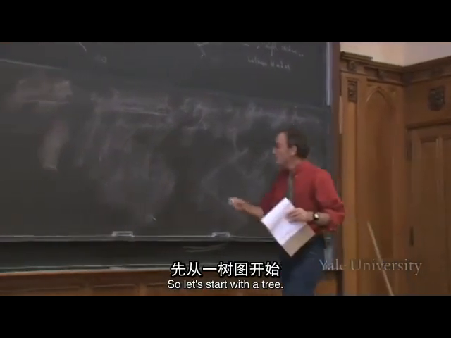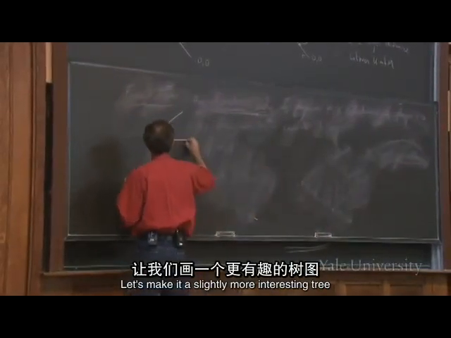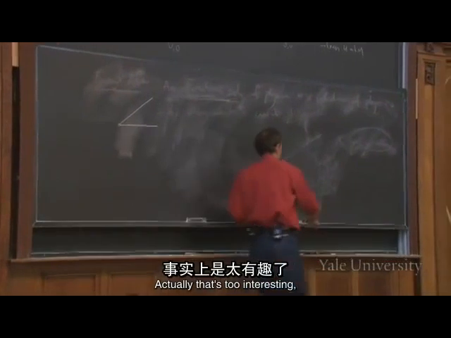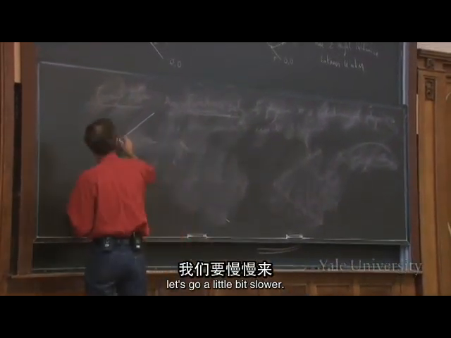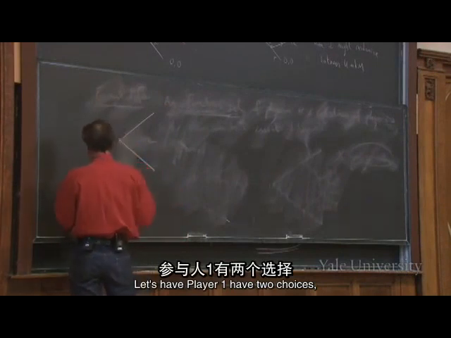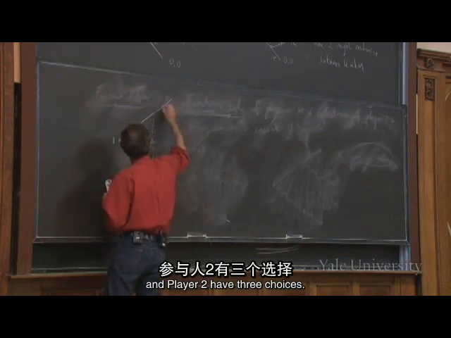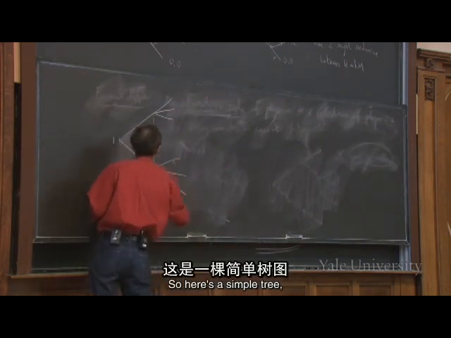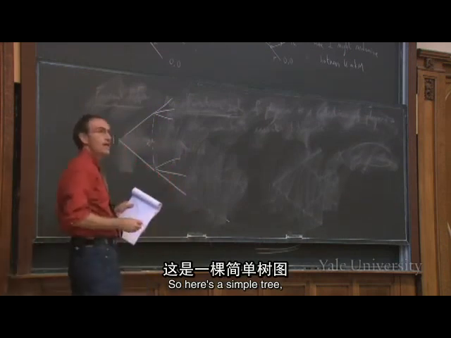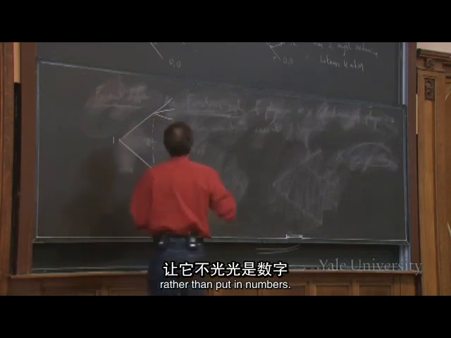All right, so let's start with a tree. Let's make it a slightly more interesting tree than the one we've seen before. Actually, that's too interesting. Let's go a little bit slower. So let's have player 1 have 2 choices, and player 2 have 3 choices. So here's a simple tree, and let's put some letters in for payoffs rather than numbers.